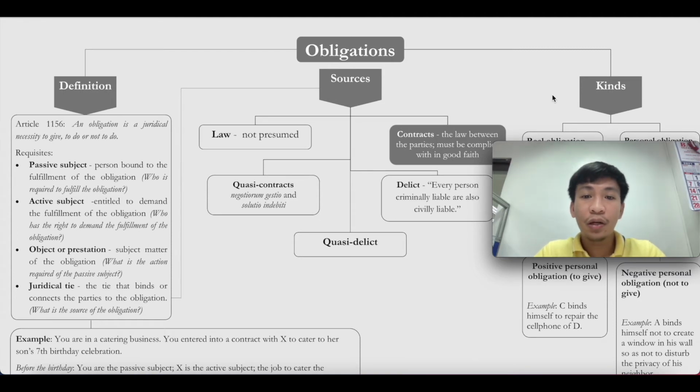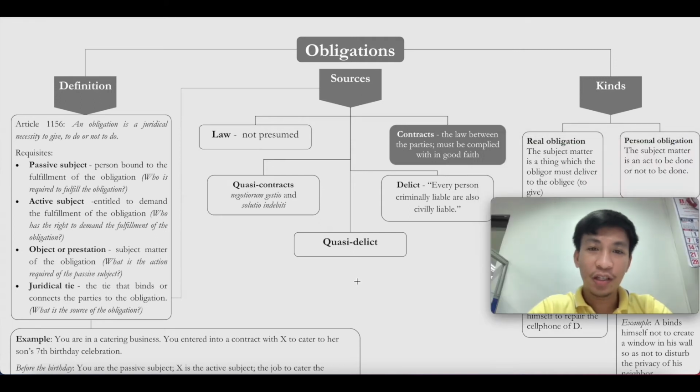Now, as we will learn later on, itong mga kontratang ito must not be contrary to law. Hindi dapat sila lumalabag sa batas, otherwise they are illegal. So they must not be against the law.